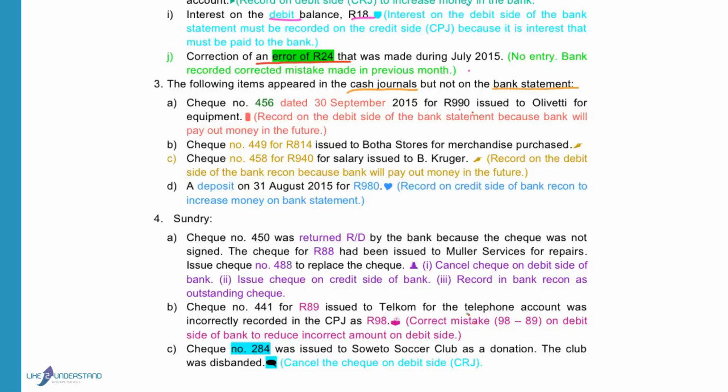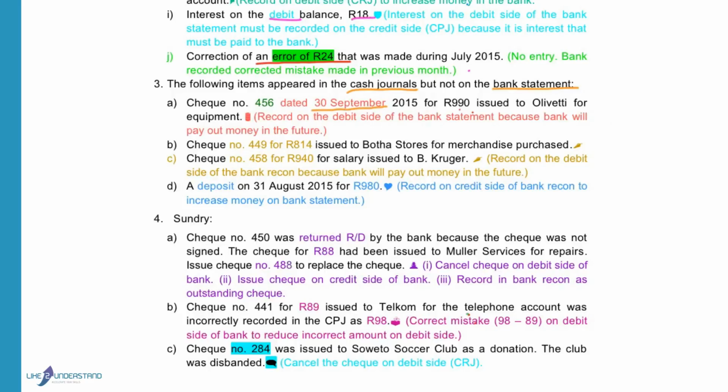Check number 456 dated the 30th of September for 990 Rand. So that means that we recorded it in our cash payments journal, and this 990 is for the end of September. So it is a post-dated check that the bank will have to pay out in the future.